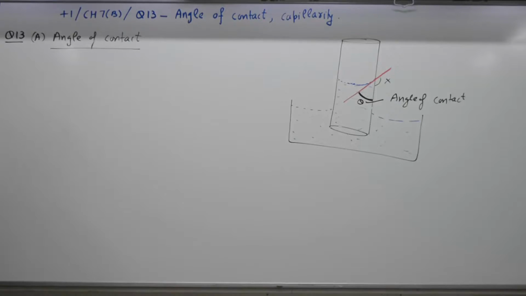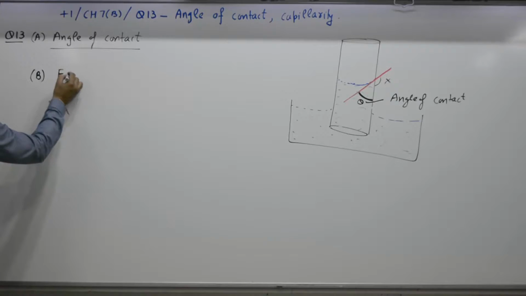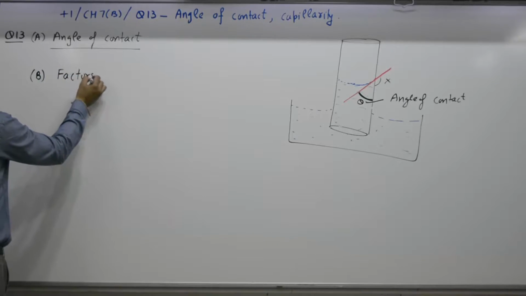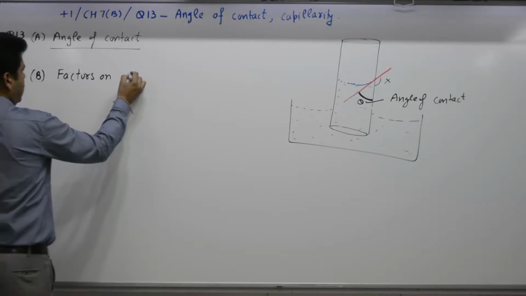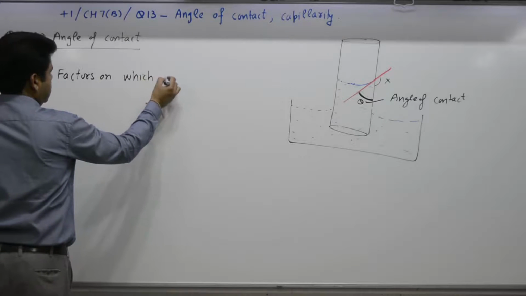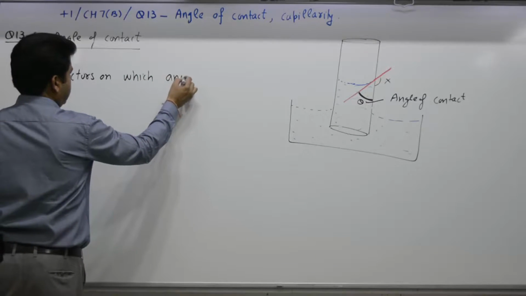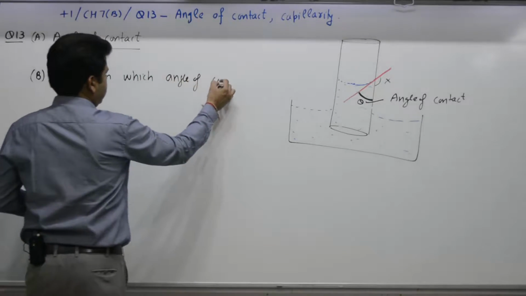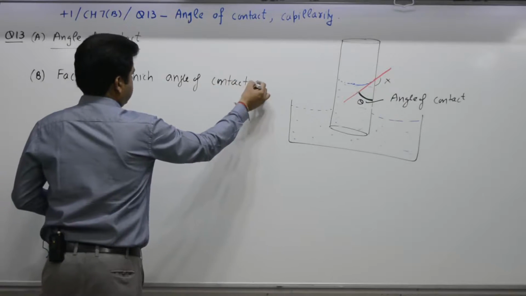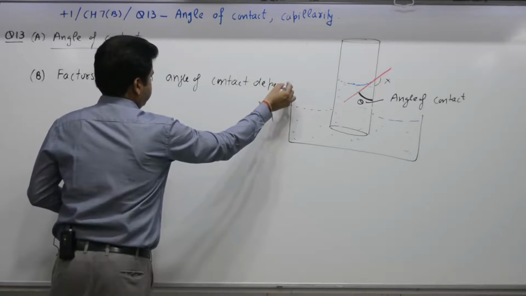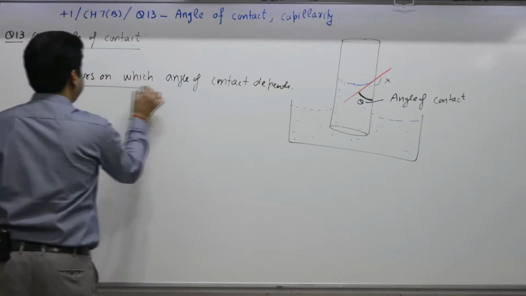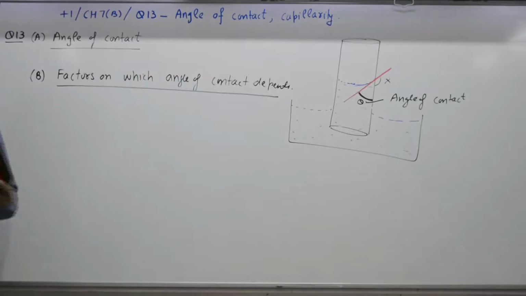B part. Factors on which angle of contact depends, one by one. It depends upon the nature of the liquid and solid in contact.